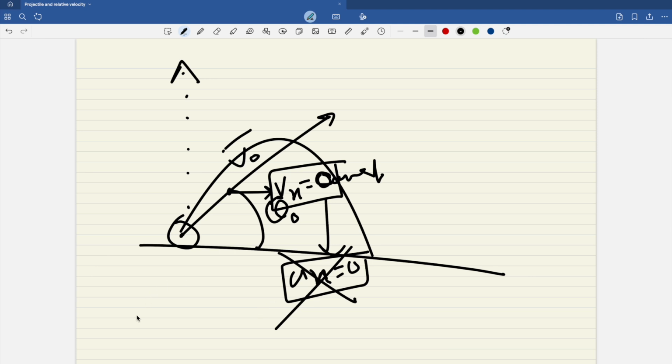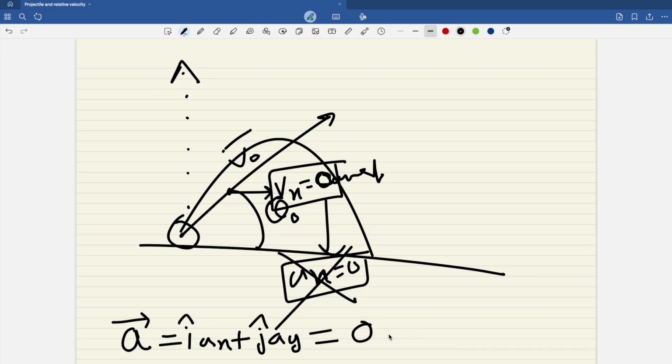The vector of acceleration is i Ax plus j Ay, so the Ax turns out to be 0. And this object is working against gravity, so minus j vector perpendicular, and Ay equals g.